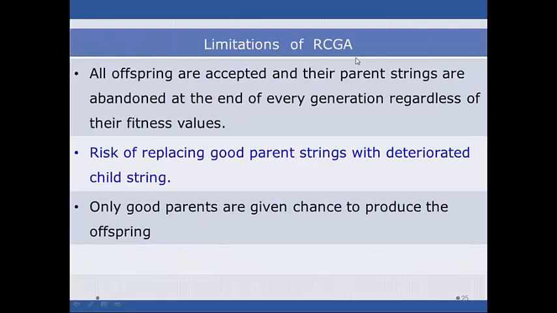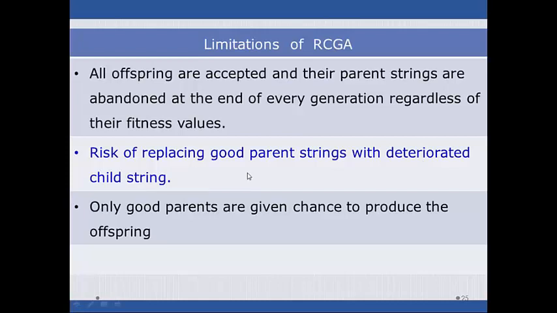Coming to the limitations of RCGA, all offspring are accepted and their parent strings are abandoned at the end of every generation regardless of their fitness value. Apparently we can see that this is a limitation, but when we are coding the algorithm, this drawback can be overcome by using proper coding.